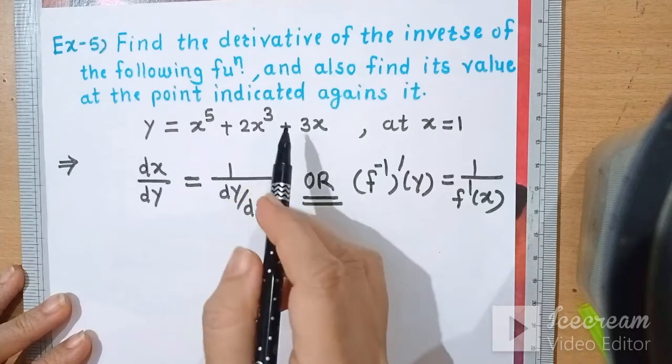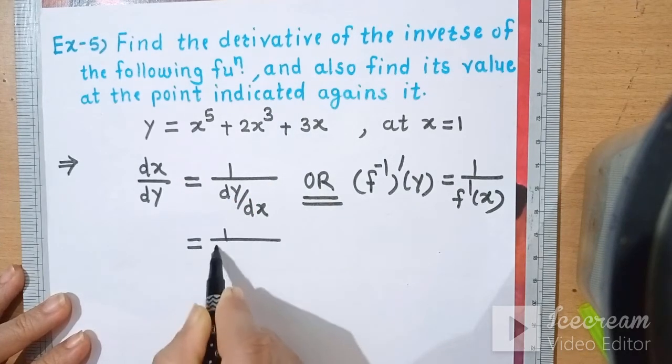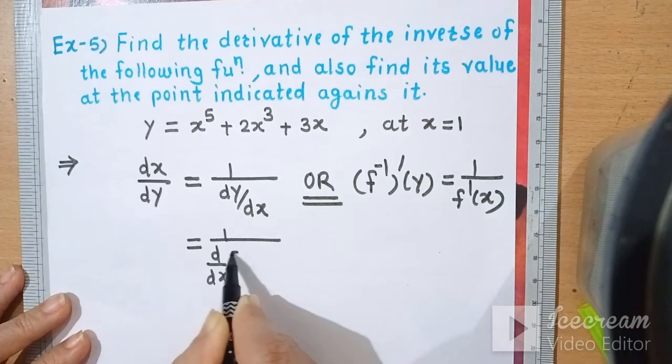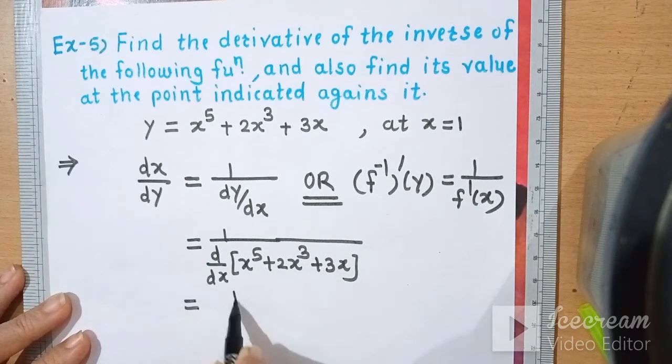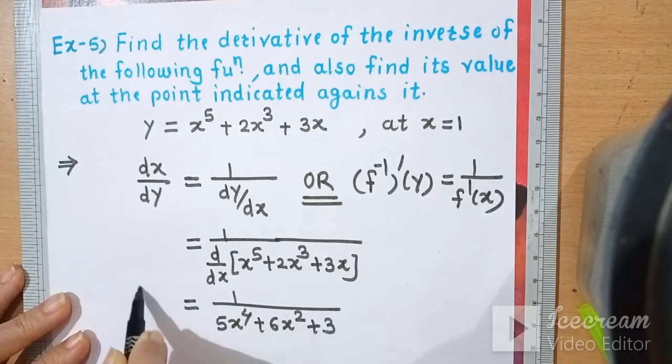Now here we will substitute this function, and so that is equal to 1 upon d by dx of this function. Now find the derivative of this. So this is 5x raised to 4, this is 3 2s are 6x square, and here plus 3.